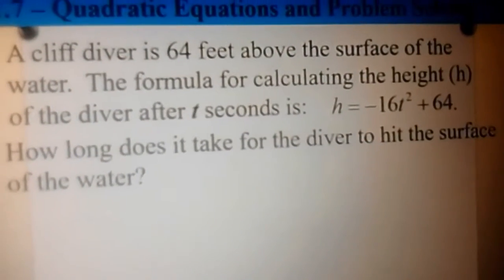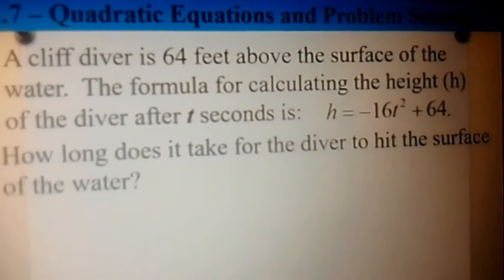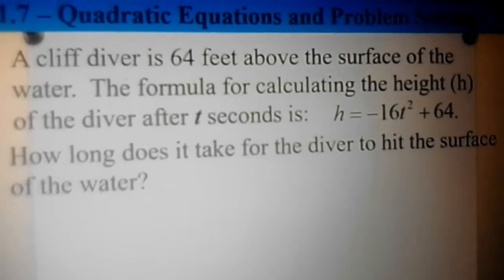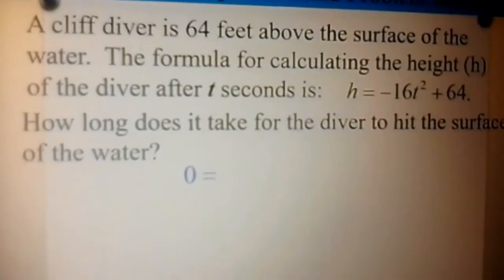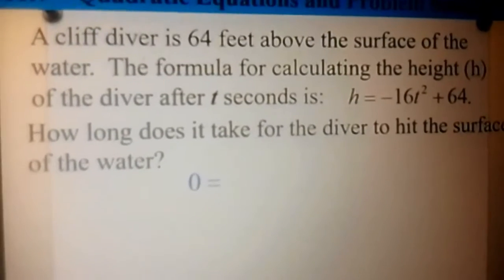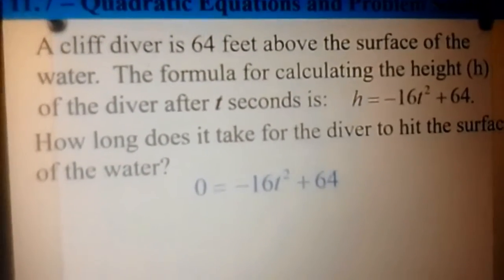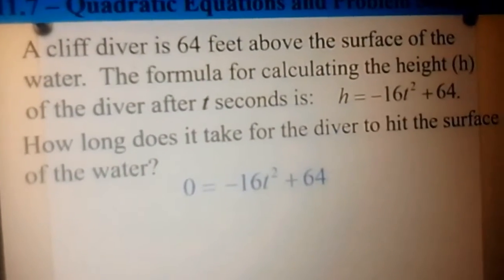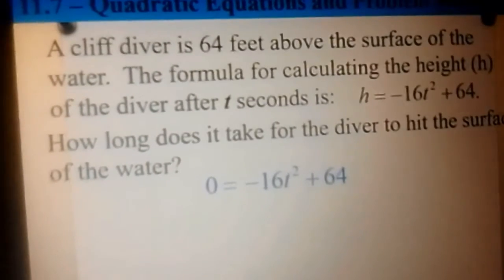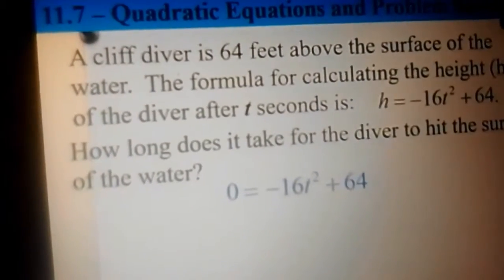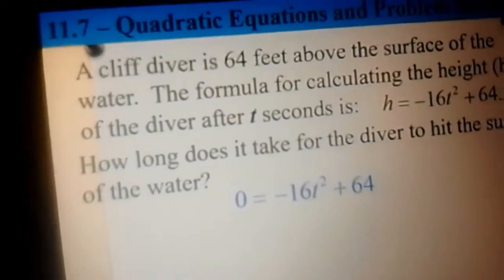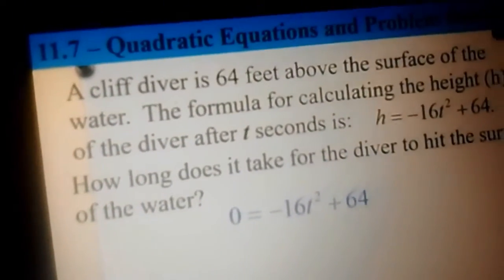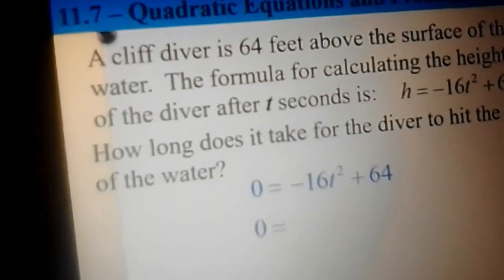How long does it take for the diver to hit the surface of the water? Let us first equate the formula to 0, since our target is the surface of the water, which is ground level based on the water surface. So, it is equal to 0.